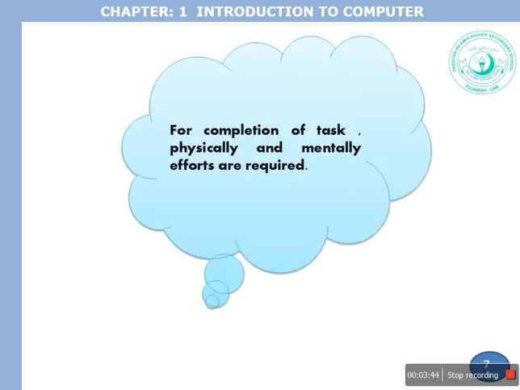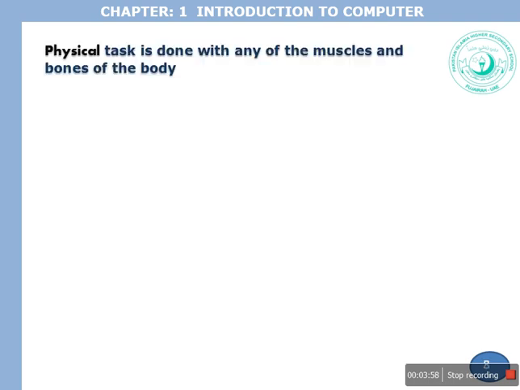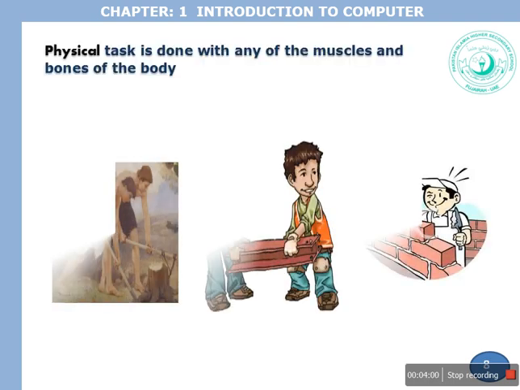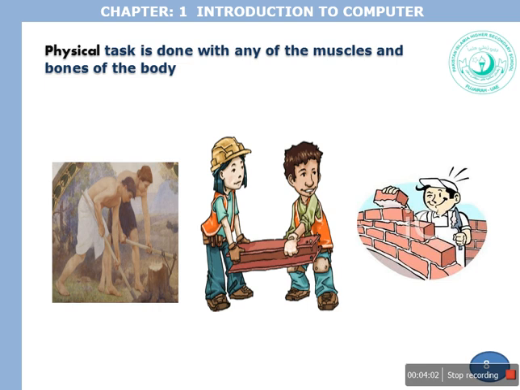Now there can be physical tasks and mental tasks. For example, if I want to complete a task, I need two types of effort: physical and mental. A physical task is done with the muscles and bones of the body.